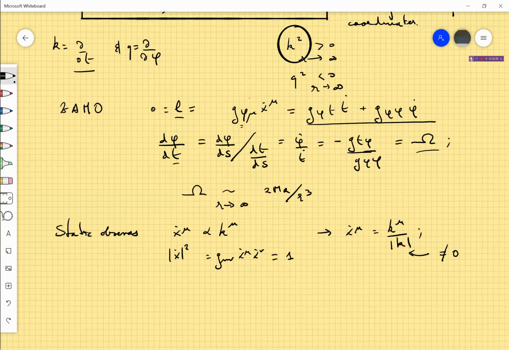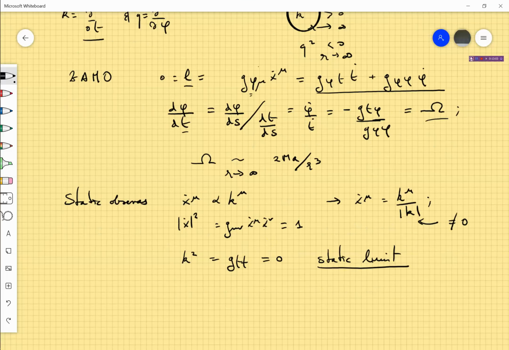Okay, so when this happens, so when k squared, which is equal to g tt, is equal to 0, you arrive at what is called the static limit. Beyond the value of r for which this happens, there cannot be static observers. We know what g tt is. It's a quotient.